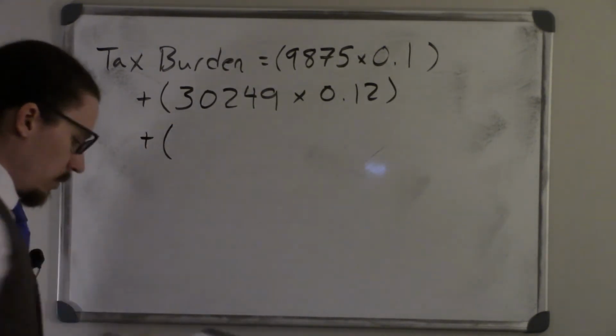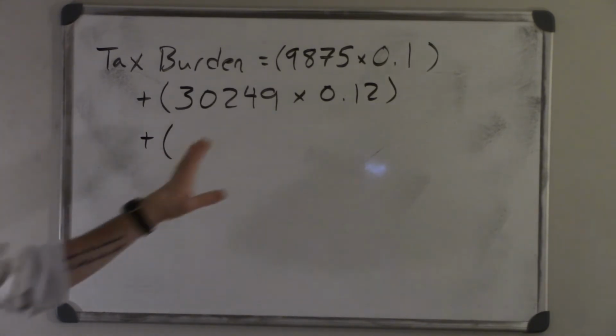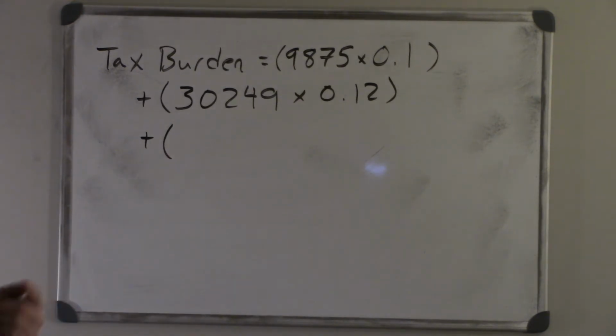Then finally, in the next tax bracket, we see that our income does not go all the way through this bracket. So we're in the bracket where we got our marginal tax rate, and so we're not just going to take the high end minus the low end.